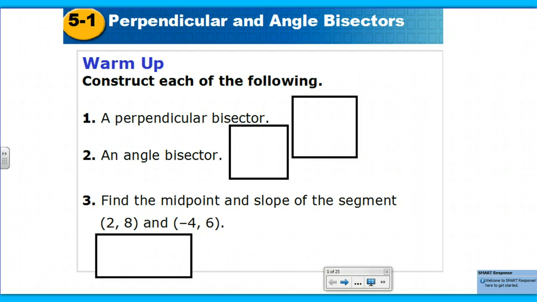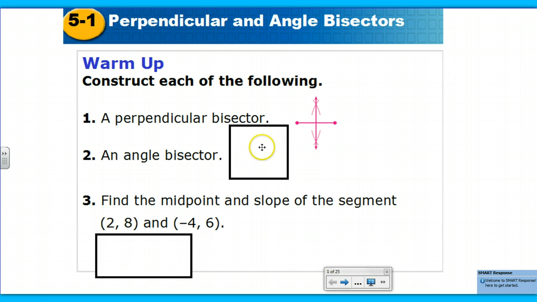Okay, so you probably did this just by sketching it rather than actually constructing it. A perpendicular bisector looks something like this, where we have a segment that is being split into two congruent halves by another segment or line.